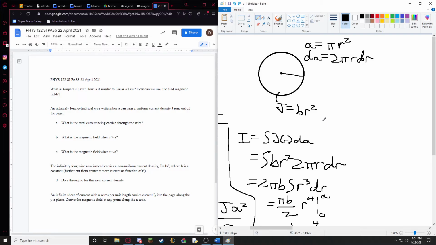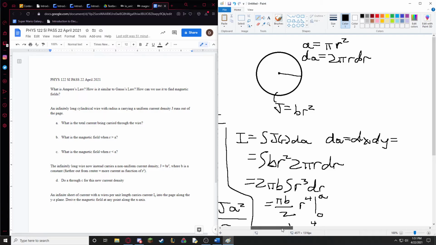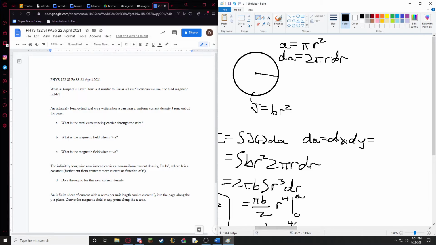For Cartesian coordinates, dA is equal to dx dy, and then a dz as well, or it could be dy dz or dx dz, but in this case we'll just say it's dx dy. For polar coordinates, what does it end up being? Well, this is for x and y coordinates, or Cartesian coordinates. What about polar coordinates?